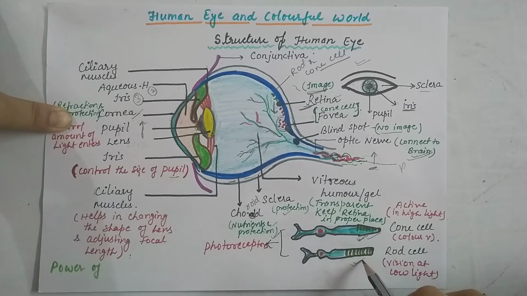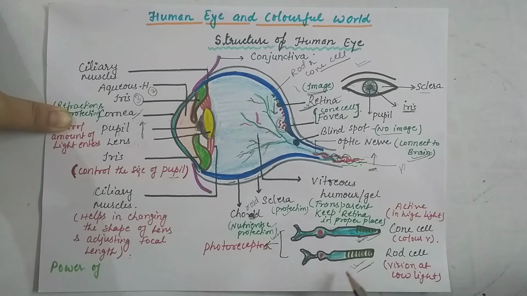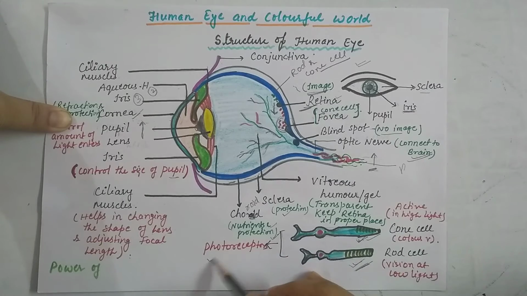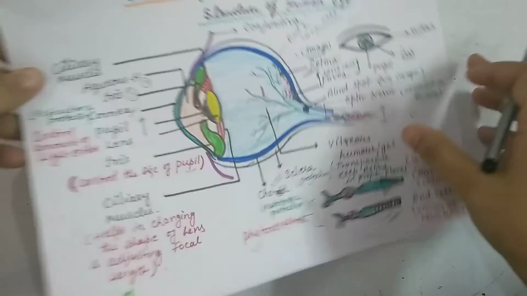The rod cells become active when there is low intensity of light. These types of cells are also called photoreceptors.